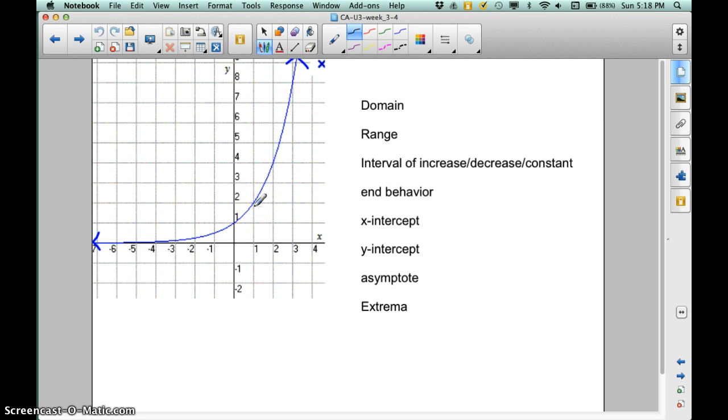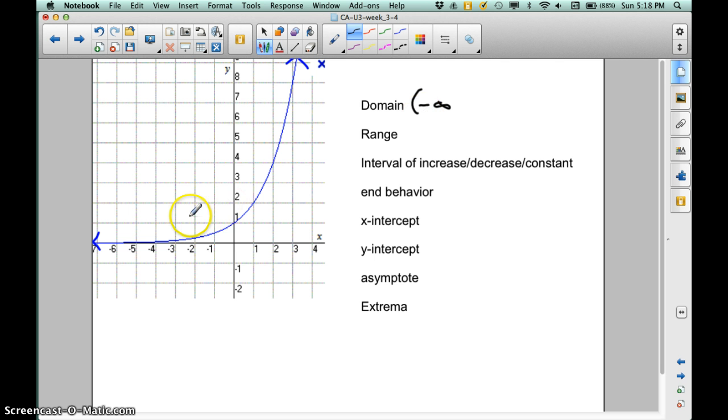The domain is going to be all possible values of x. And so when we look, we always start at the furthest to the left that we possibly can, and we see an arrow. And so I know that the domain starts at negative infinity.